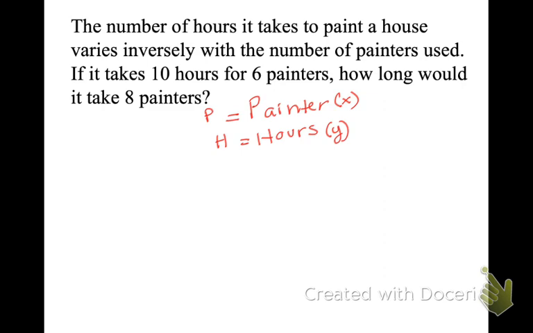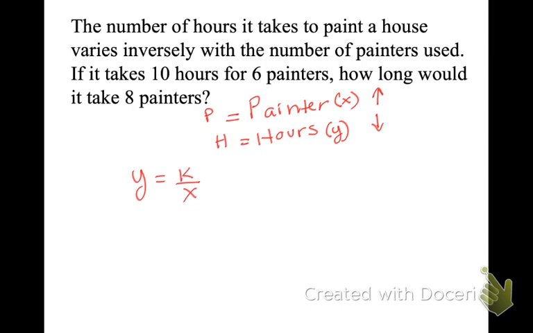So we set this up as y equals k over x, because as painters increase, this decreases. If they both increase, like the more traffic there is, the more time it takes, then it would be y equals kx.